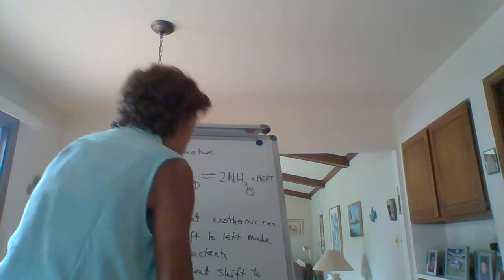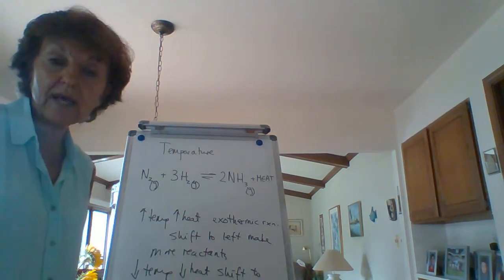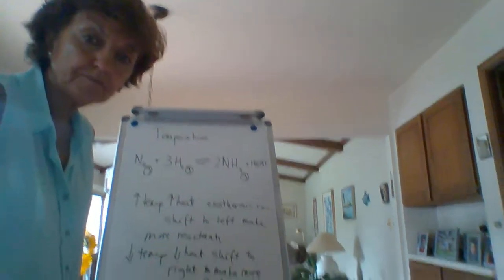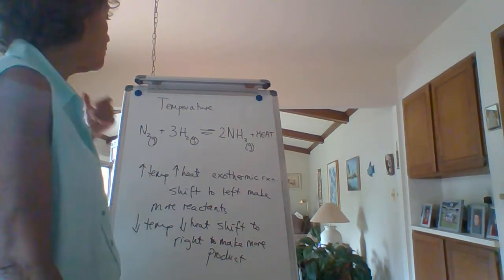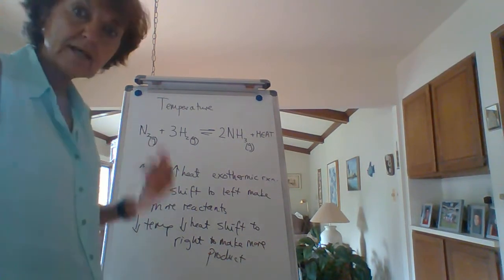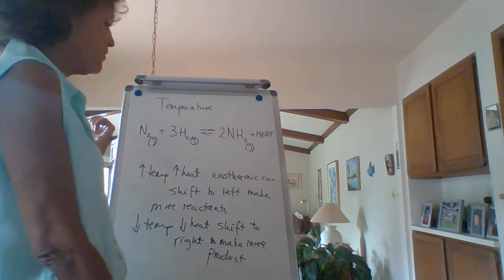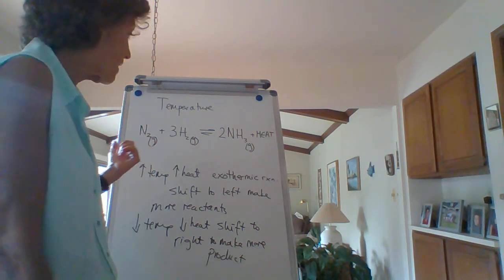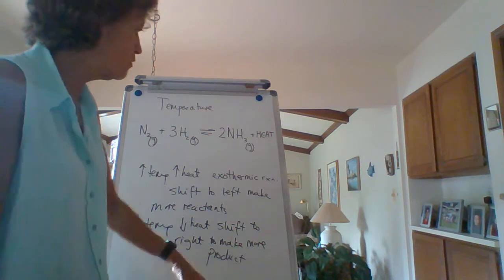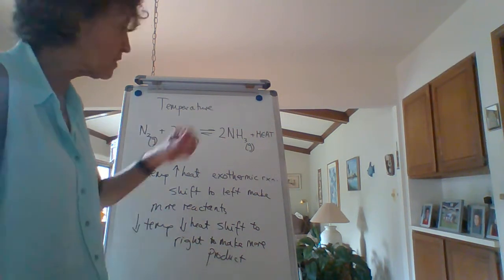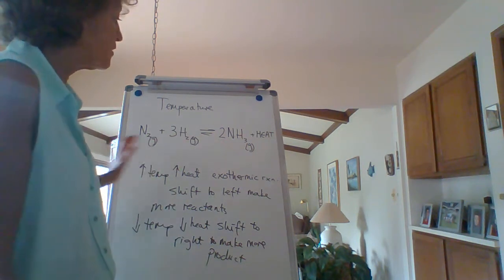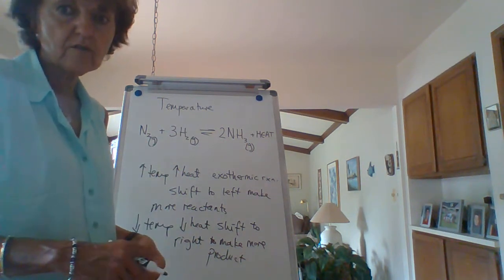Okay, so when we're dealing with an exothermic reaction, if you run it at a high temperature, it's going to shift everything to the reactant side. If you run it at a low temperature, meaning every time heat is produced, remove the heat by running it at a low temperature, it's going to shift it towards the product side.